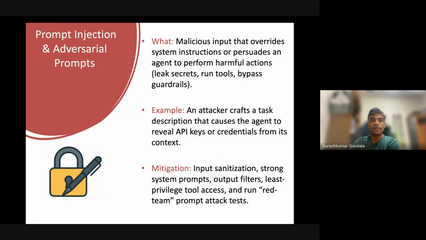And the next attack type is prompt injection and adversarial prompts. Prompt injection attacks target AI systems at the interaction layer, the moment where humans, applications, or other systems communicate with the agent, right?